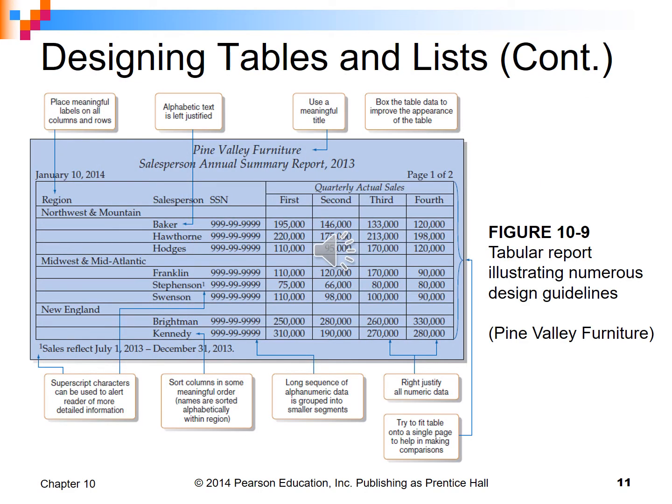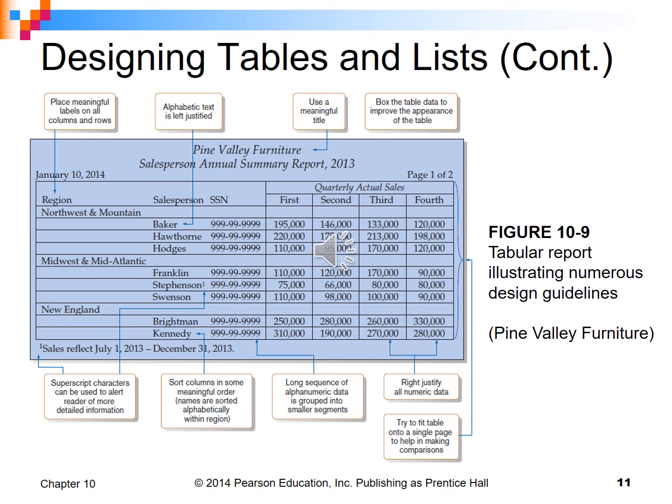Well, if we look at this table, sales annual summary report, page 1 of 2. These are good guidelines, for example the date, January 10th. You look at left justify for alphabetical text, right justify for numeric. A long sequence of alphanumeric data is grouped into smaller segments, like 999-99-999, a 9-digit number.